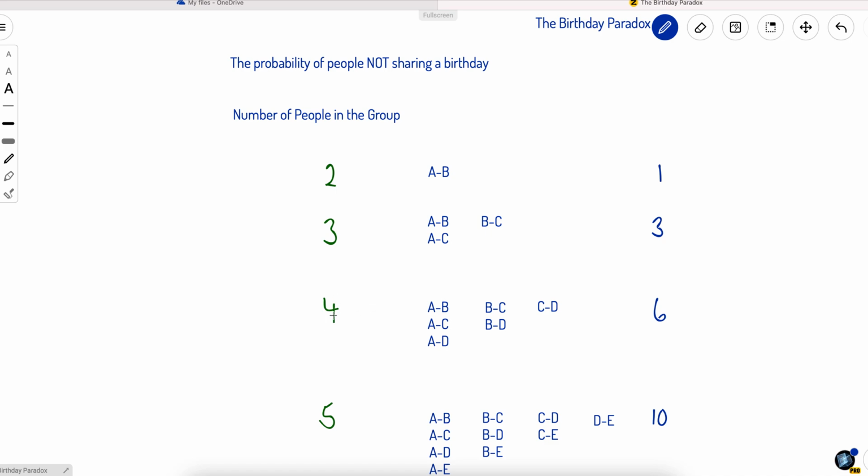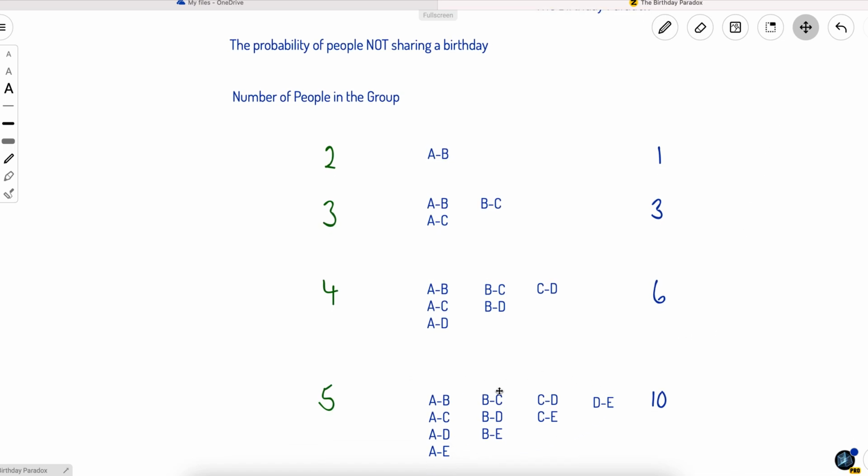If we have 4 people in a room, A compares with B and C and D, and then B needs to compare with C and D, but B has already compared with A over here, and C, it only remains for C to compare with D. And with 5 people in a room, you can see there are more comparisons to be done. So these numbers here are the number of comparisons for these groups of people.